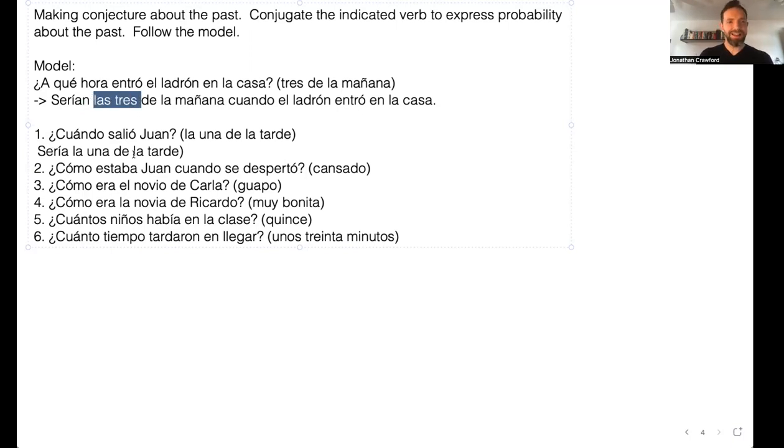So sería la 1 de la tarde, and then we just put in the question here to answer. ¿Cuándo salió Juan? Sería la 1 de la tarde cuando salió Juan.